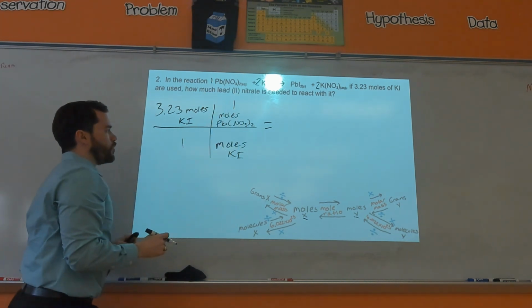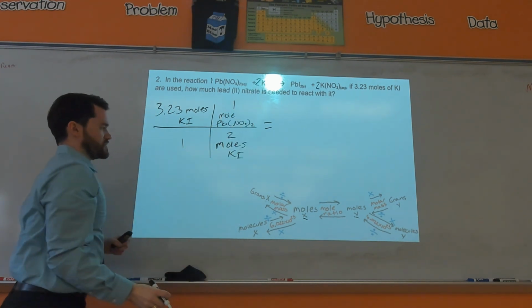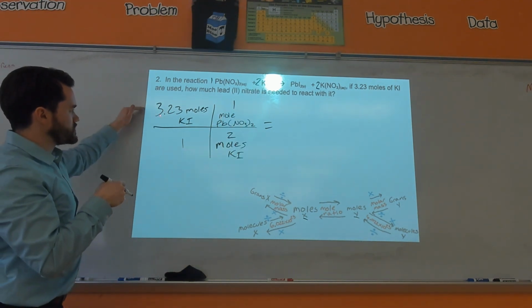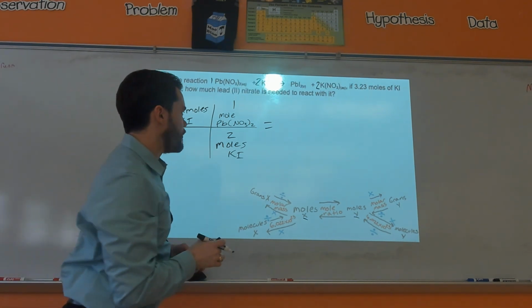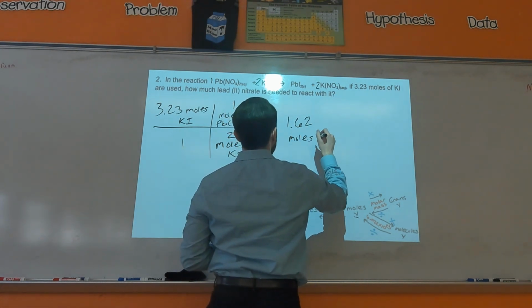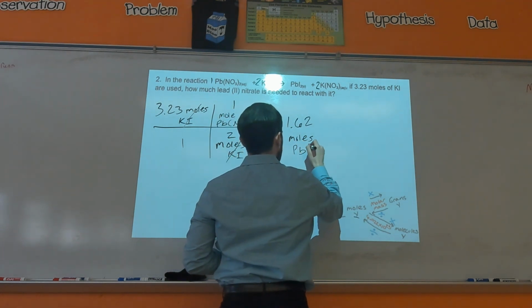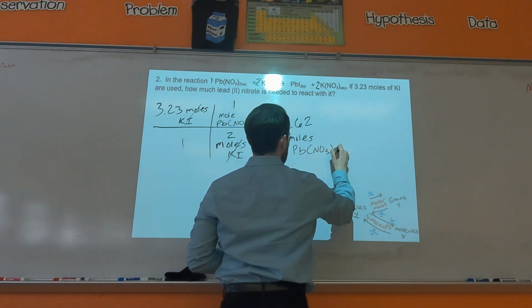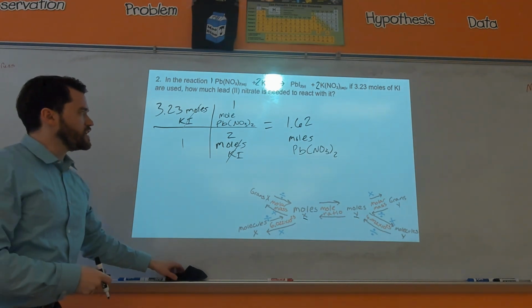So you have 1 mole Pb(NO3)2, and then you have a 2 in front of KI, so 2 moles of KI. So your answer would be 3.23 divided by 2, which is 1.62. These cancel, so 1.62 moles of lead(II) nitrate, Pb(NO3)2. Okay, so there you go.